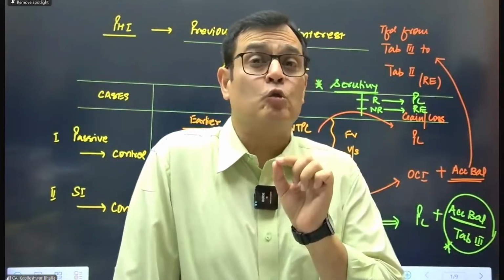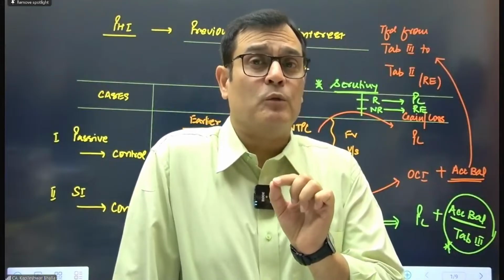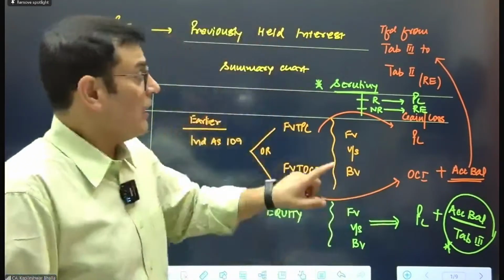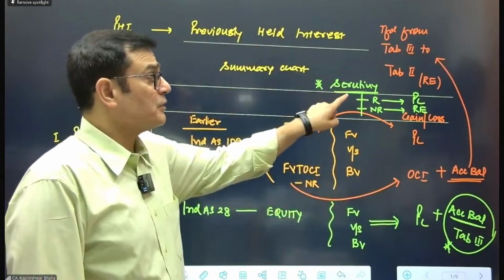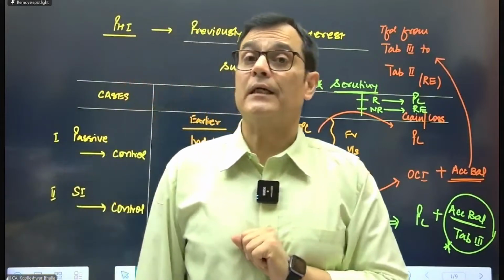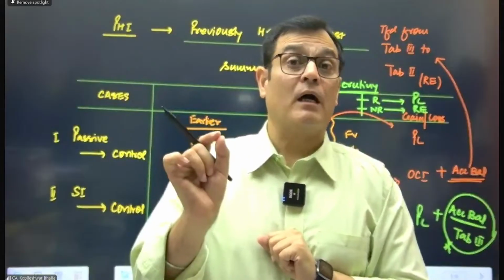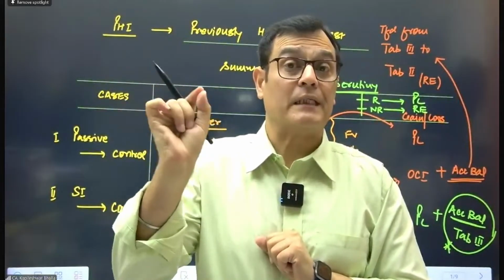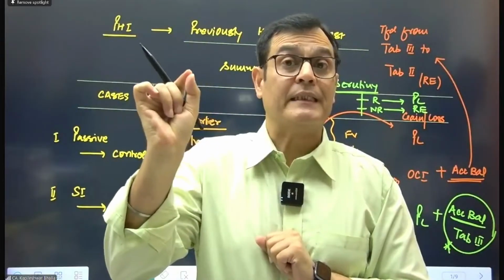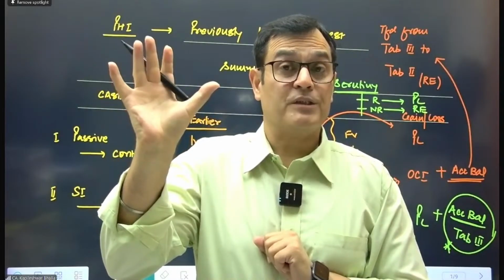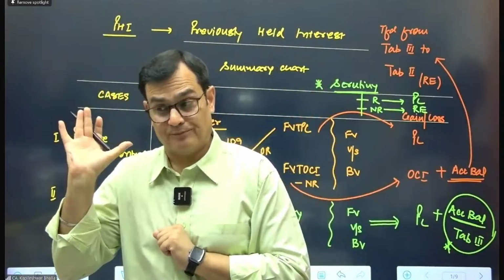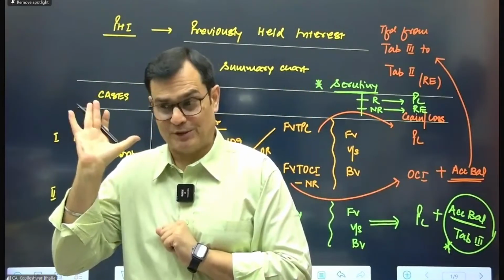So you need to make a scrutiny of all those balances which have been credited in OCI in the past. And after the scrutiny of these balances, you'll come to know which component is R and which component is NR. The component which is R is going to be transferred in the P&L, and the component which is NR is going to be transferred in the retained earnings. I hope, friends, the theoretical revision is clear to you. Then we can start with the practical on this.